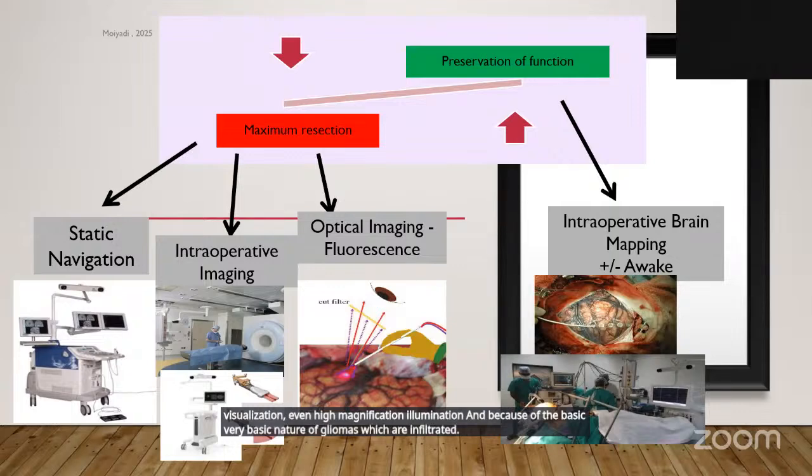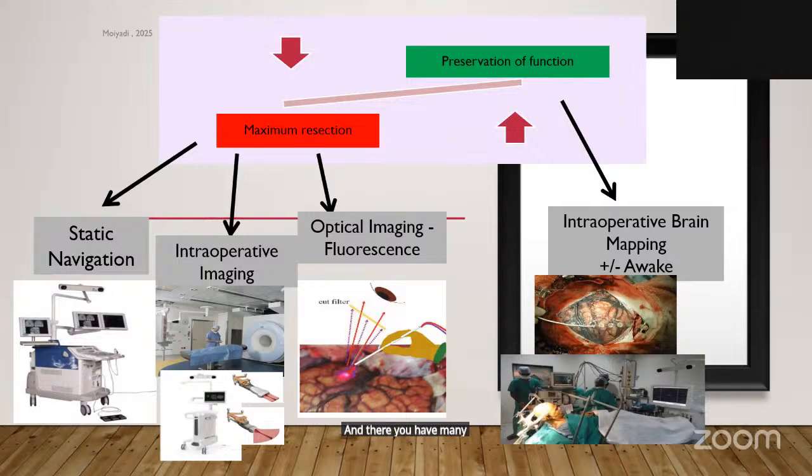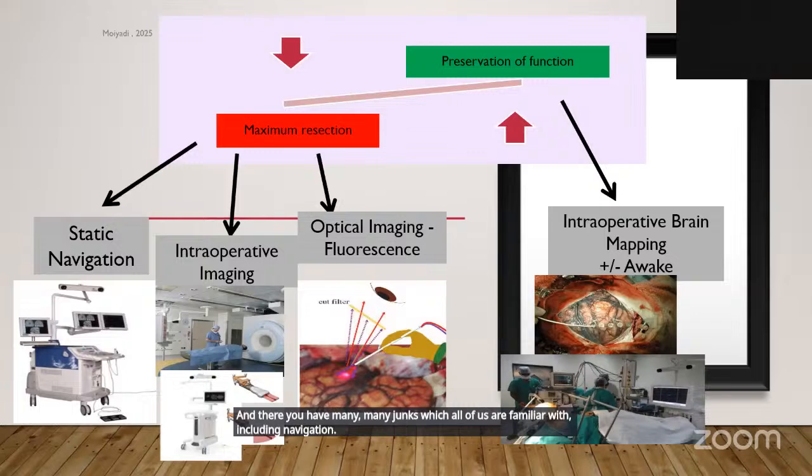And that is why you often need something to enhance that visualization. There you have many adjuncts, which all of us are familiar with, including navigation and intraoperative imaging. And here I would say strongly that intraoperative ultrasound is a very useful adjunct, which should be in the armamentarium of all neurosurgeons, especially glioma surgeons.